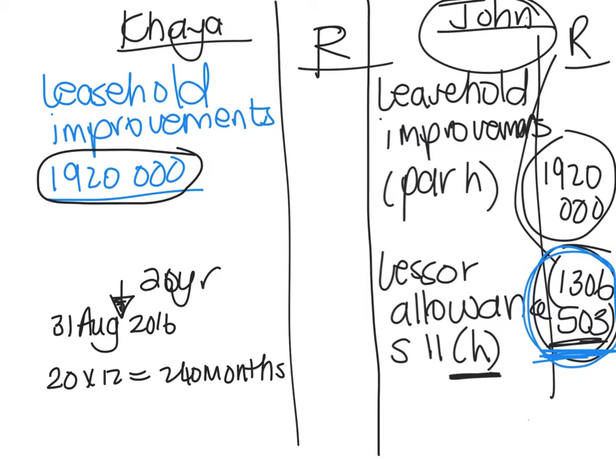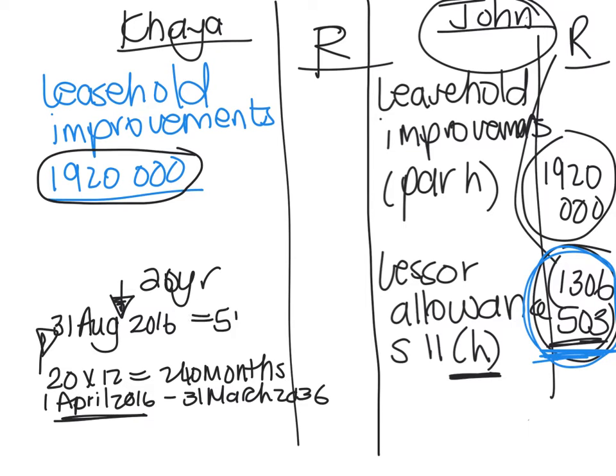Now, that is when the contract runs from the 1st of April 2016 until the 31st of March 2036, right? How many months have lapsed from the 1st of April until the 31st of August? Now, if you count April, May, June, July, August, I know that from the 1st of April until the 31st of August, I've already had 5 months of this contract lapse.